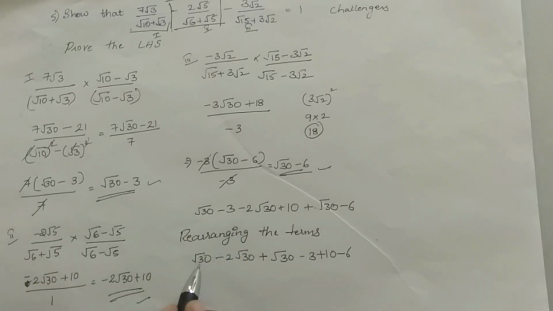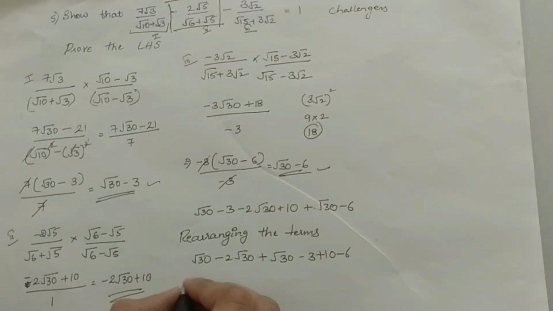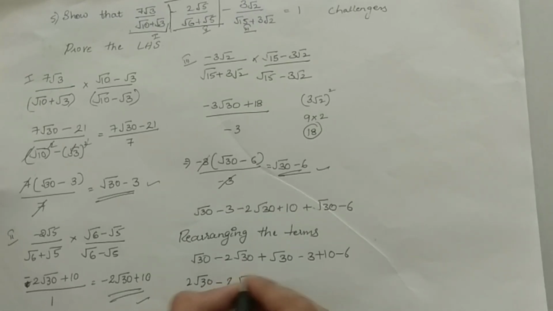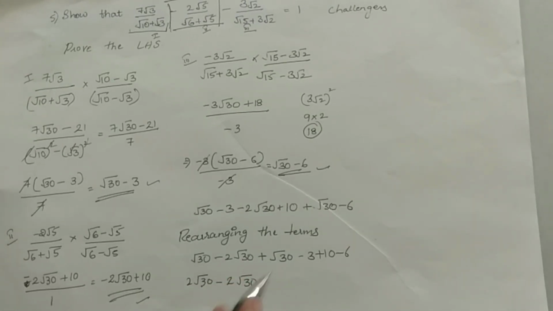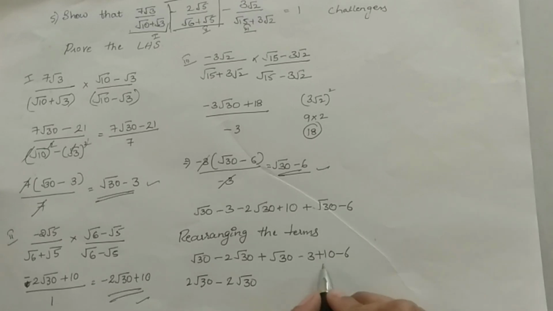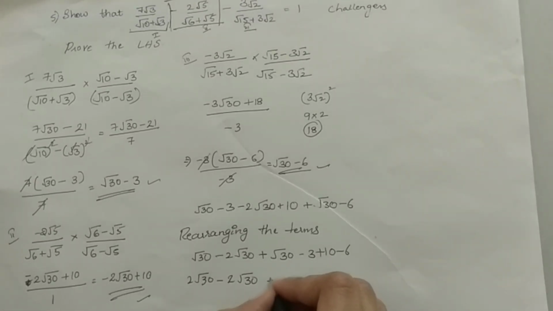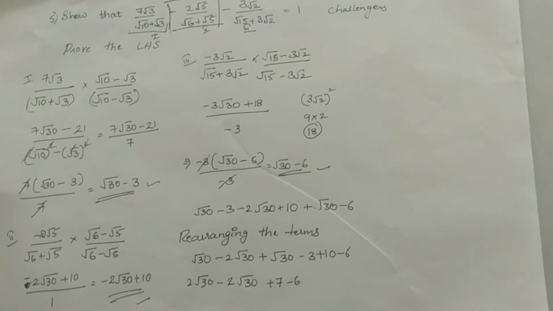Now root 30 plus root 30 is 2 root 30, and minus 2 root 30. Now minus 3 plus 10, how much is it? Plus 7, minus 6. Correct, because 10 minus 3 is plus 7, right? Now 2 root 30 minus 2 root 30 is 0.